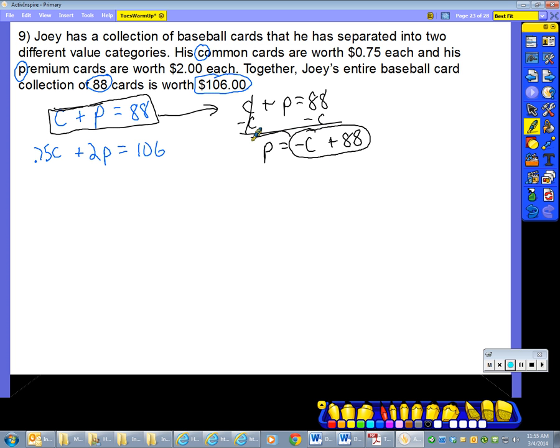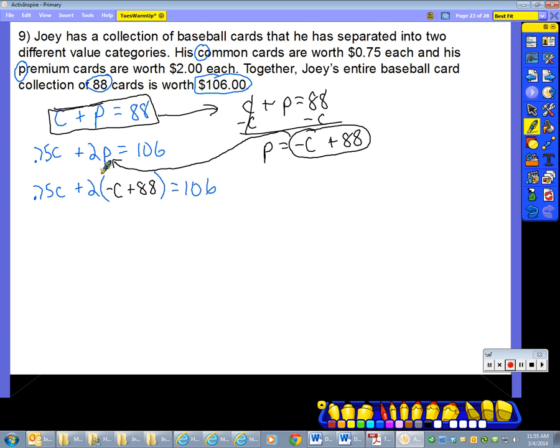So I can take that info and sub it in for P, and my equation will look like this: 0.75C plus 2 times the quantity negative C plus 88, equals 106.